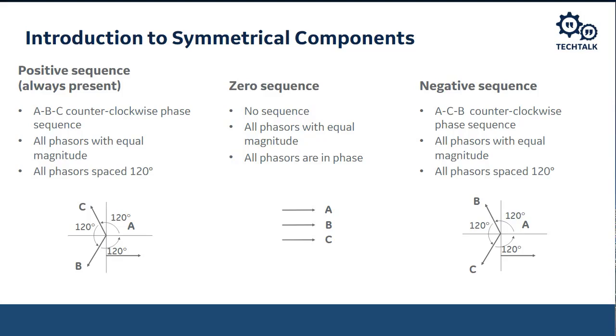And the three balanced systems that we can turn this into, we describe as a positive sequence system, a zero sequence system, and a negative sequence system, right? The positive sequence system, or the positive sequence components, will always be present.